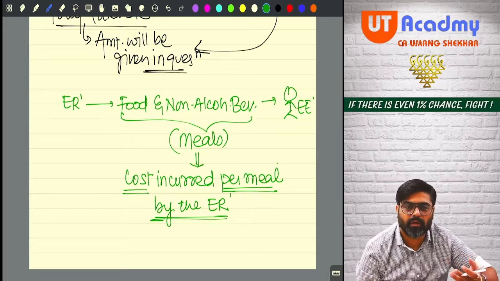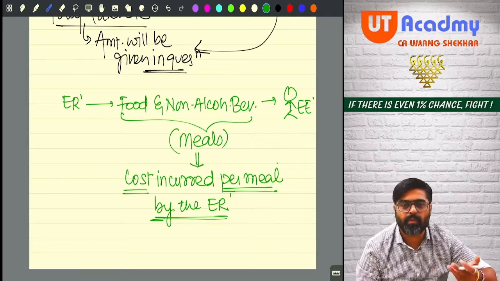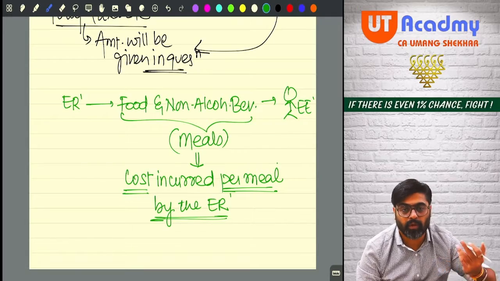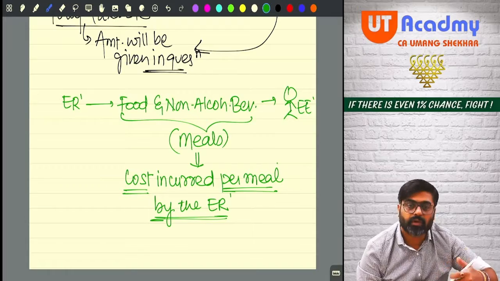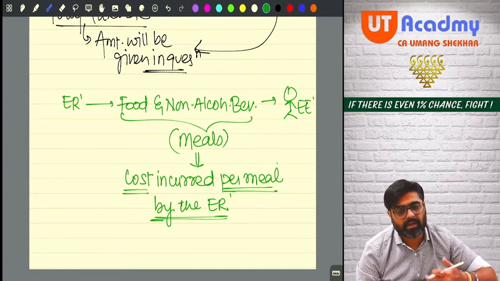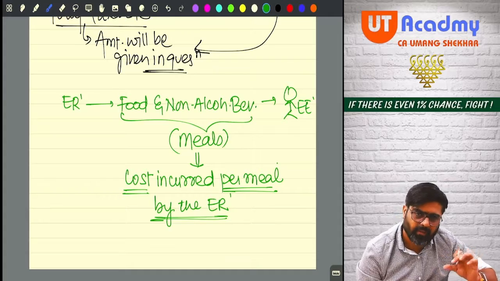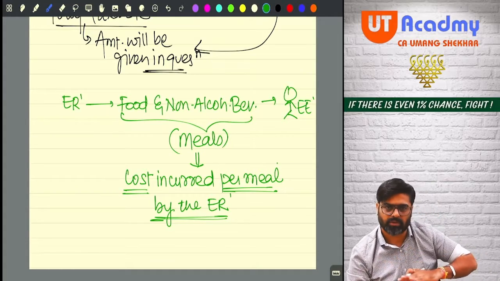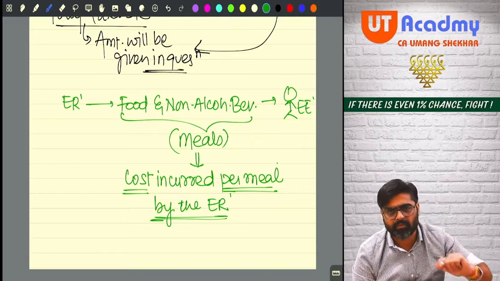See, for your meals, I'm spending 50 rupees from my pocket. Isn't it a benefit for you? It is a benefit. From my pocket, I'm spending 200 rupees for your one meal. Isn't it a benefit for you? For your meal, I'm spending 150 rupees out of my pocket. Isn't it your benefit? Whatever amount spent by the employer as a cost for each of your meals will be your benefit.